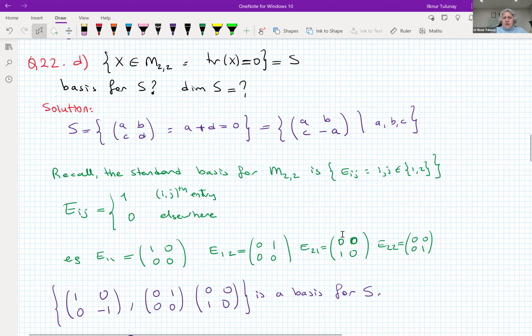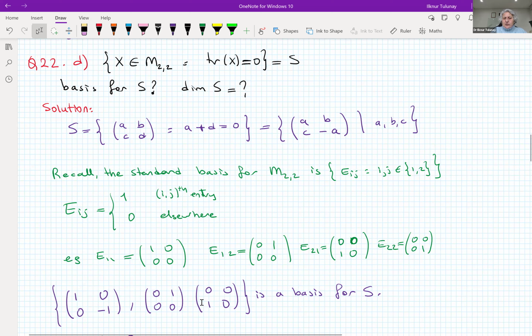So we can think of the basis for this one. We are looking at this as a subspace, as a vector space. So the basis of this will clearly be these matrices, because I will be able to multiply this matrix by A, and that will give me this position, and a multiple of this matrix will give me this position.